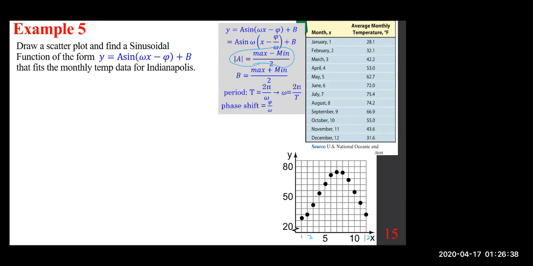What is the maximum temperature you can find on this column? Looks like 75.4. This is the largest. That makes sense to everybody? Yeah. Smallest? The first one, 28.1, January. Thank you so much. We plug it in. Max minus min divided by 2. So we got the A.